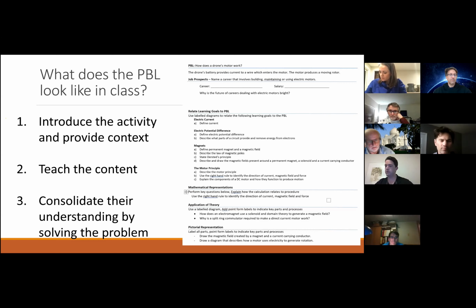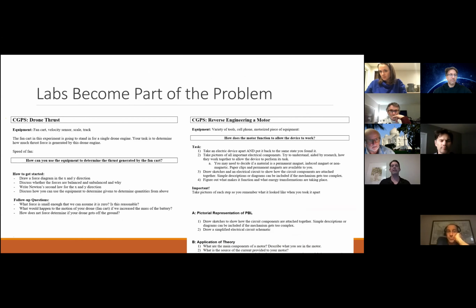The other thing is labs now become a part of the problem. So the lab on the left, the drone thrust lab, is essentially a Newton's second law lab. I was fortunate enough to have a fan cart in my department. I'm not sure how many of those you might have, but a fan cart is essentially a horizontal drone engine.